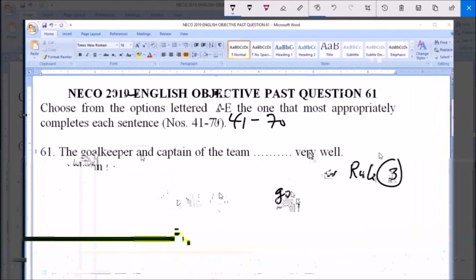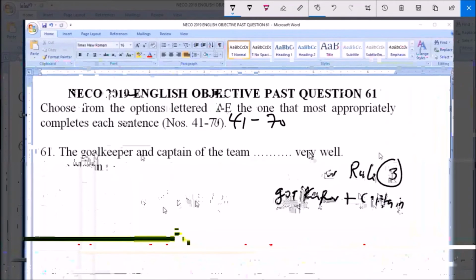Subject 1 is goalkeeper and subject 2 is captain. The rule says that if two subjects are connected together by a coordinating conjunction and refer to the same person, the verb must be singular.